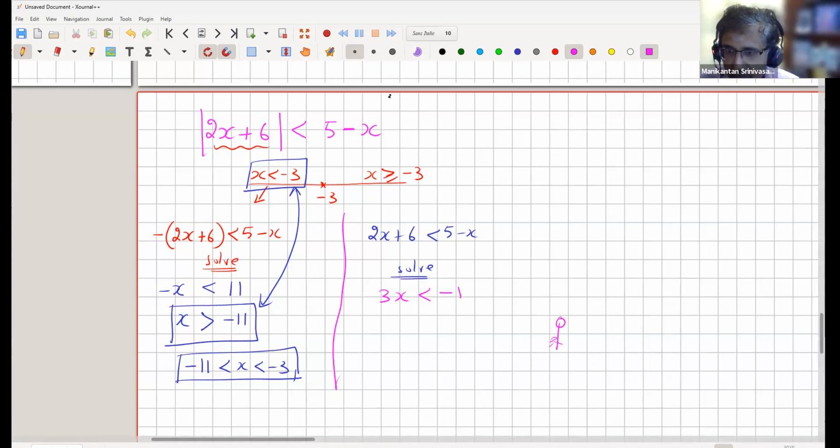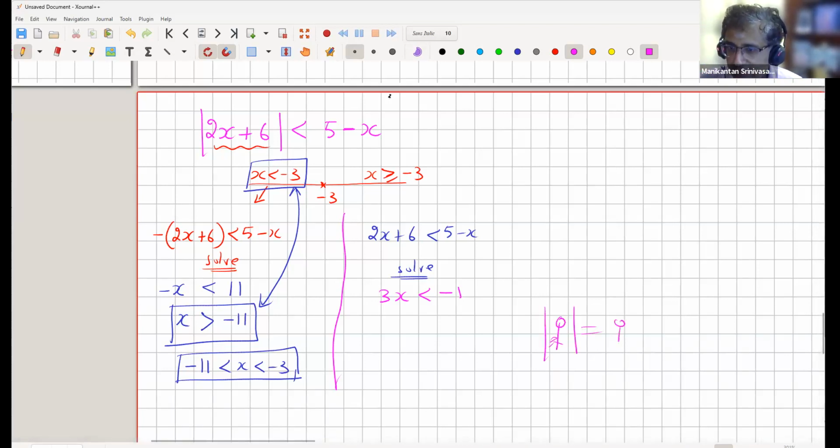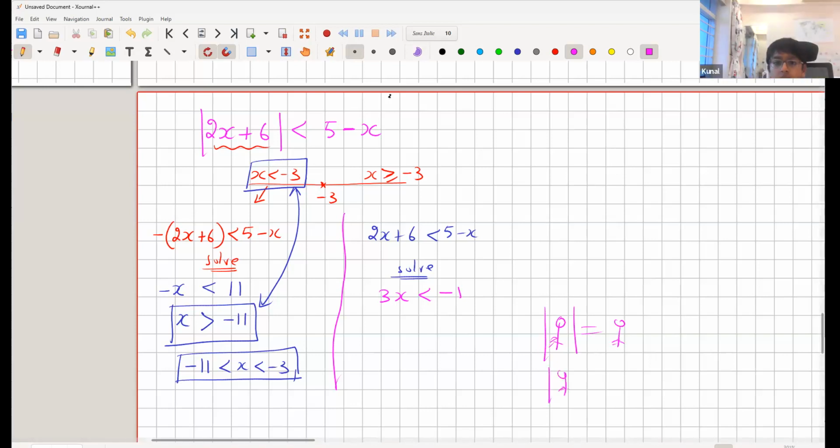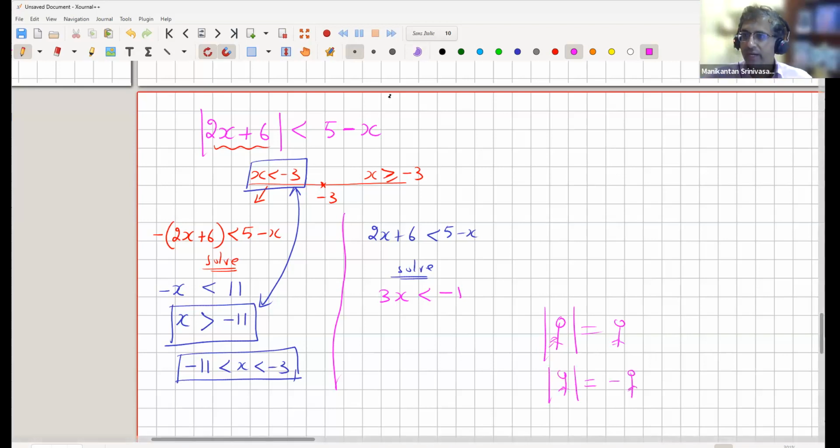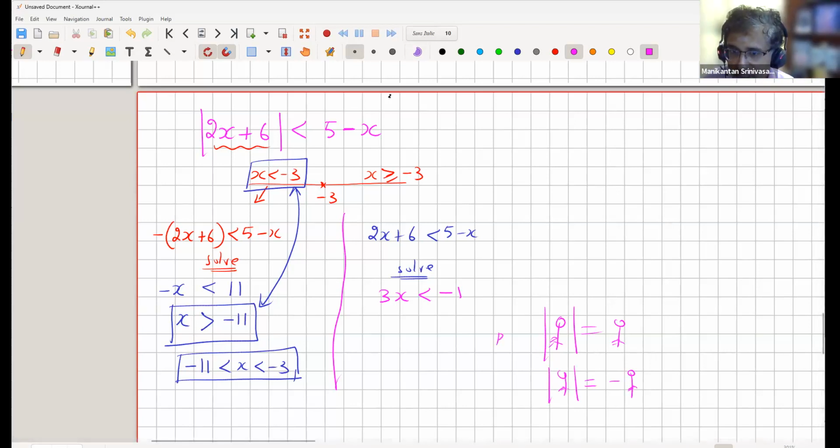There is this guy. If this guy is positive, then it's this guy itself. Whereas if this guy is negative, then it's the negative of that guy. Only then will negative of negative become positive. The absolute value of a positive number is itself. So this is if positive, this is if negative.